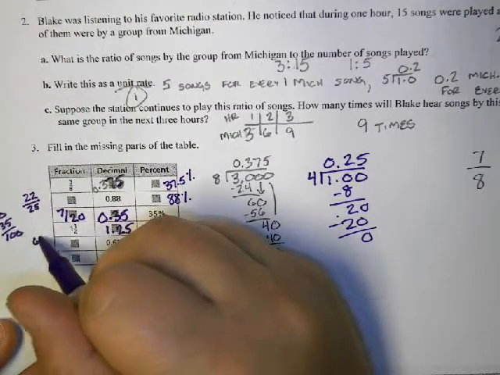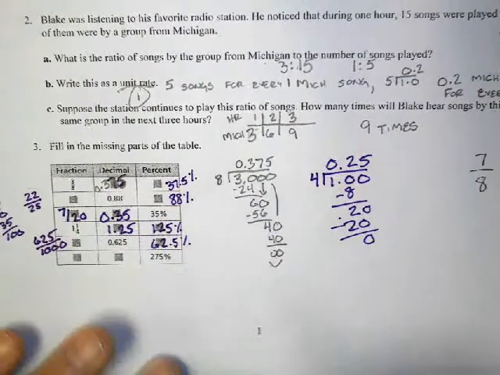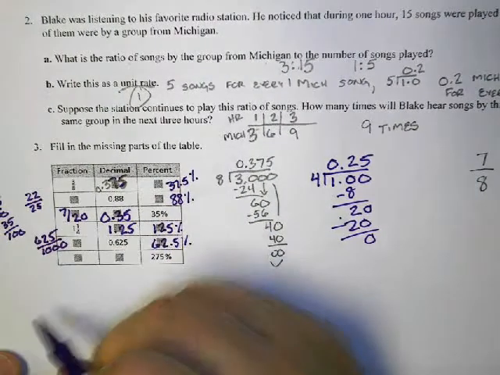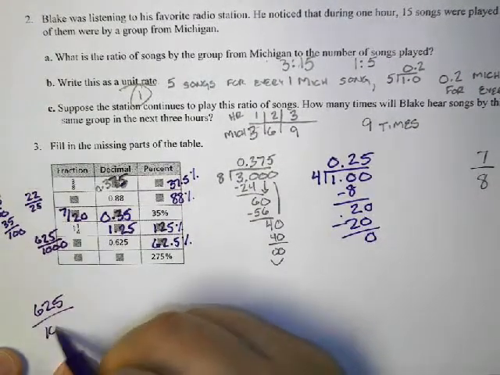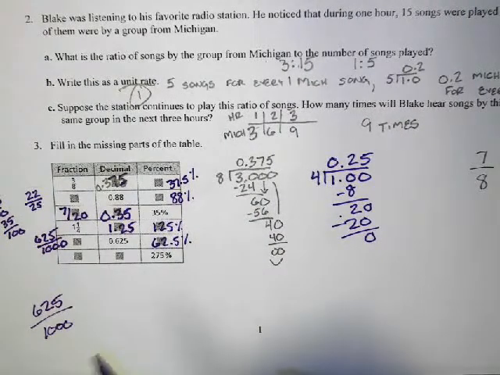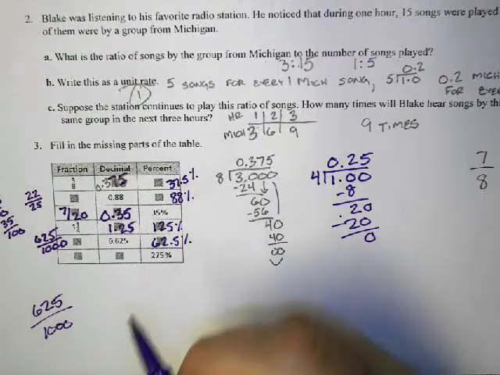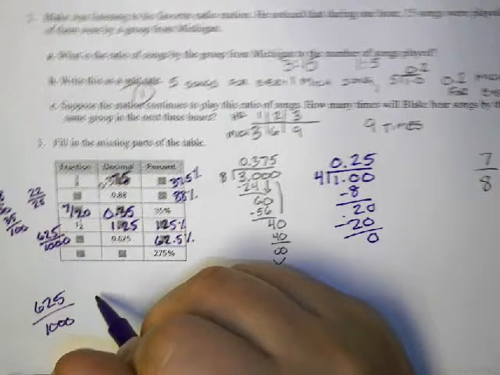Now here we have, that's our tenths, that's our hundredths, and that's our thousandths spot. So our fraction here is going to be 625 over 1,000. Now we can reduce that one, and I'm going to just reduce that one over here off the side. I know that 25 goes into that fairly nicely. So for every 100, it's going to be 4 of them.